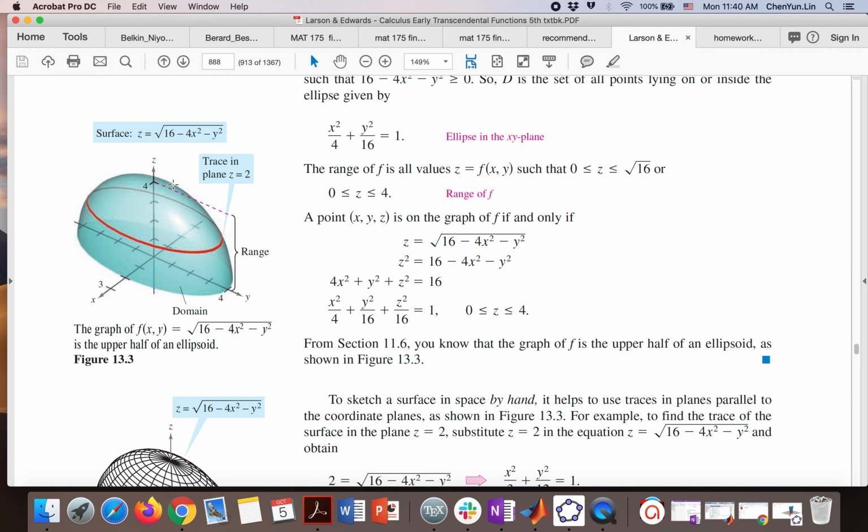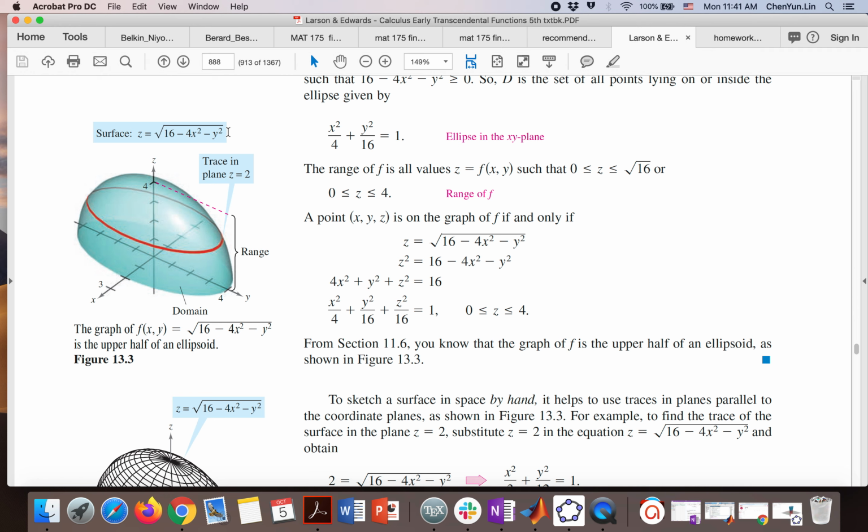If I have a 2-dimensional surface, as you can see here on the left, and I want to find the trace on this surface with a specific given height. For example, I only want to know what part of the surface has height exactly equal to 2.